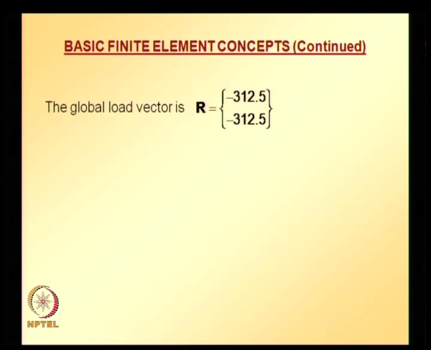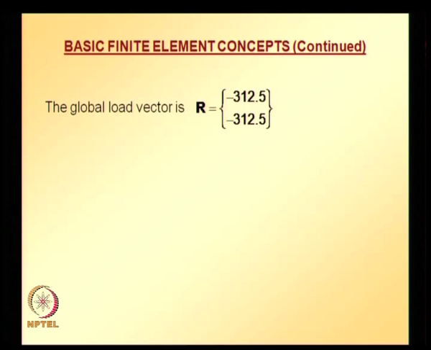That means we are removing all the components in the global load vector which correspond to node 1, node 2, node 3, which are the locations 1 to 6. In removing those, we get the reduced global load vector, which is shown there. So, we have the reduced stiffness matrix and reduced load vector.